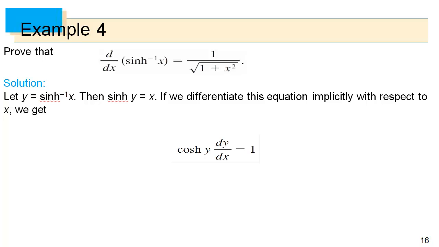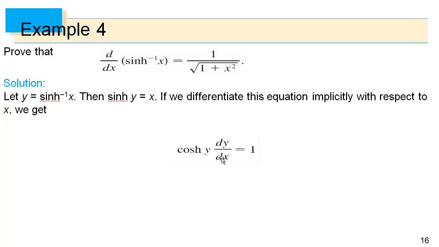If we differentiate this equation implicitly with respect to x, because we're taking d/dx of it, you take the derivative of hyperbolic sine, which gives you hyperbolic cosine, times the derivative of the inside, which is dy/dx. And that's going to be equal to the derivative of x, which is just 1.